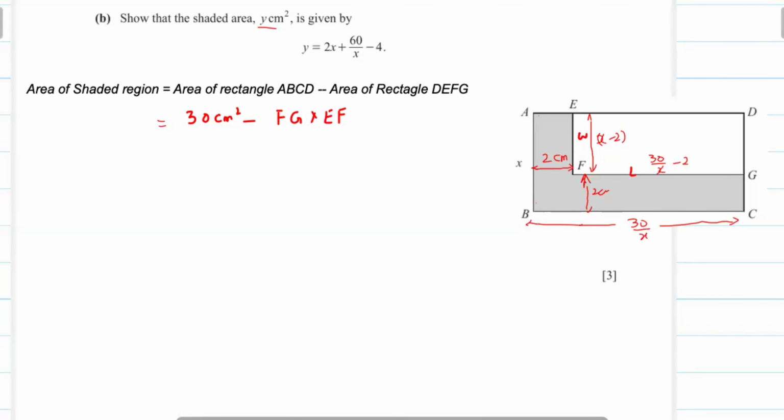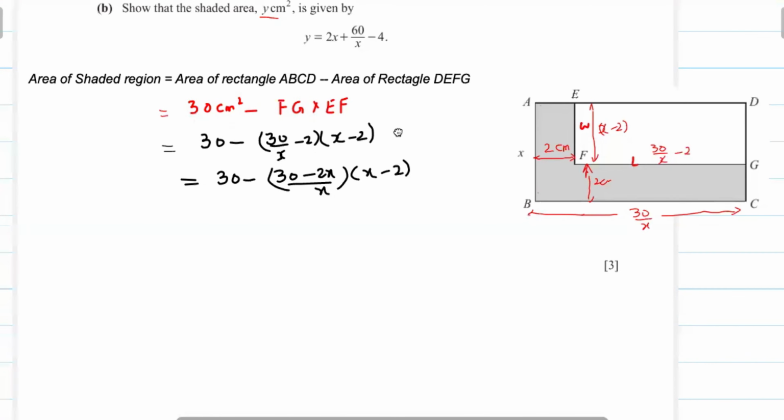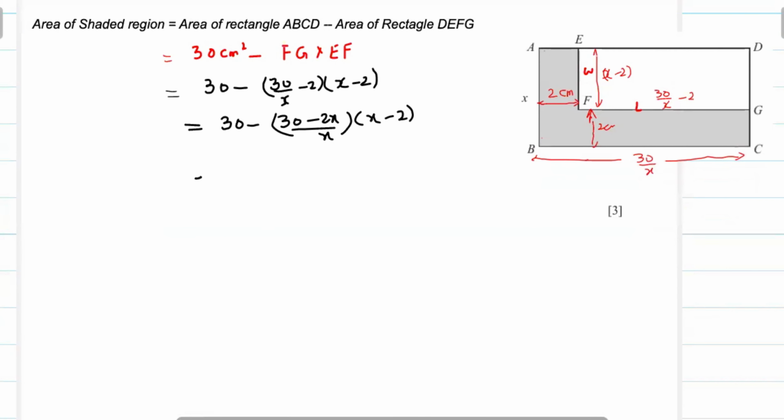Therefore, we write here 30 minus FG length, 30 over x minus 2, into x minus 2. Now we can write it as 30 minus 2x over x into x minus 2, and we take the LCM of 1 and x is x.